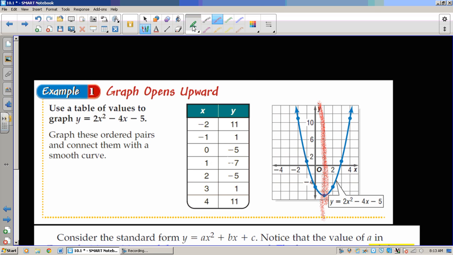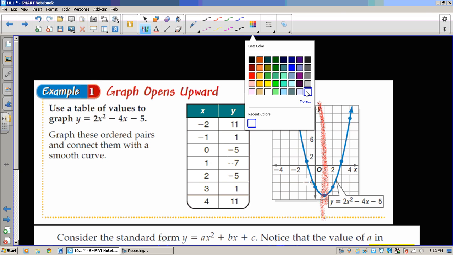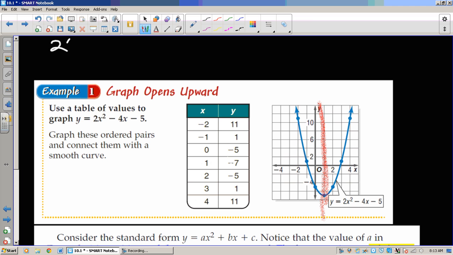Livia, I'm going to pick on you. 2 times -3 squared. What's that equal? 9. So 2 times 9 is 18. Good. And then -4 times -3. What's that equal?